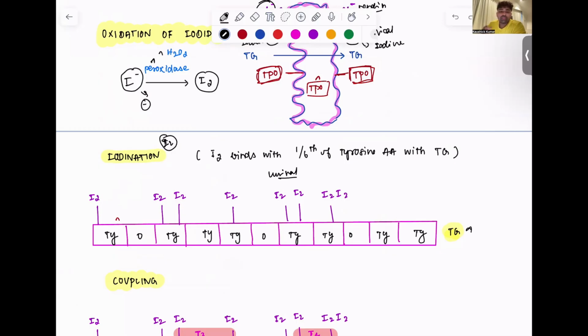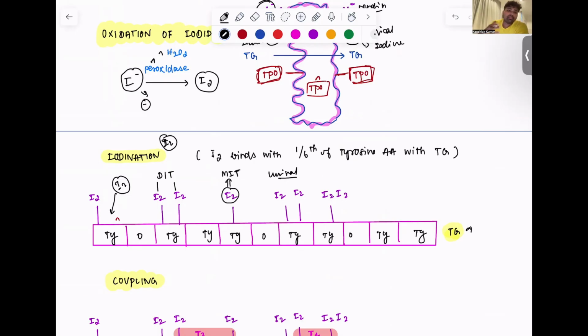The process where iodine gets attached to the tyrosine residue is called iodination. When one iodine gets attached to the tyrosine residue, we call it monoiodotyrosine. When two iodines get attached, we call it diiodotyrosine. So this is all about iodination.